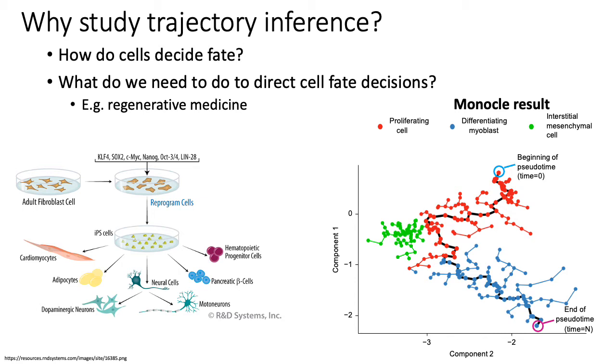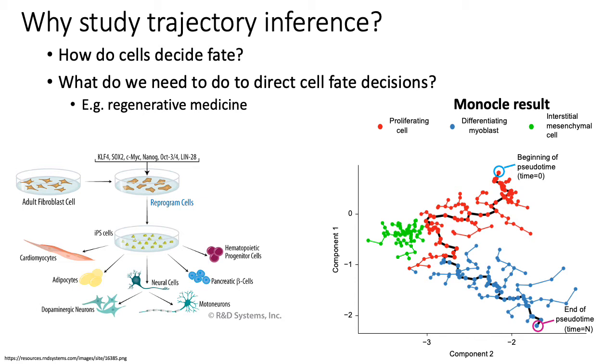Basically you can see that with a high enough number of cells sequenced, when you visualize the cells in a 2D scatter plot, the cells form a nonlinear line that starts at the red points and ends at the blue points.